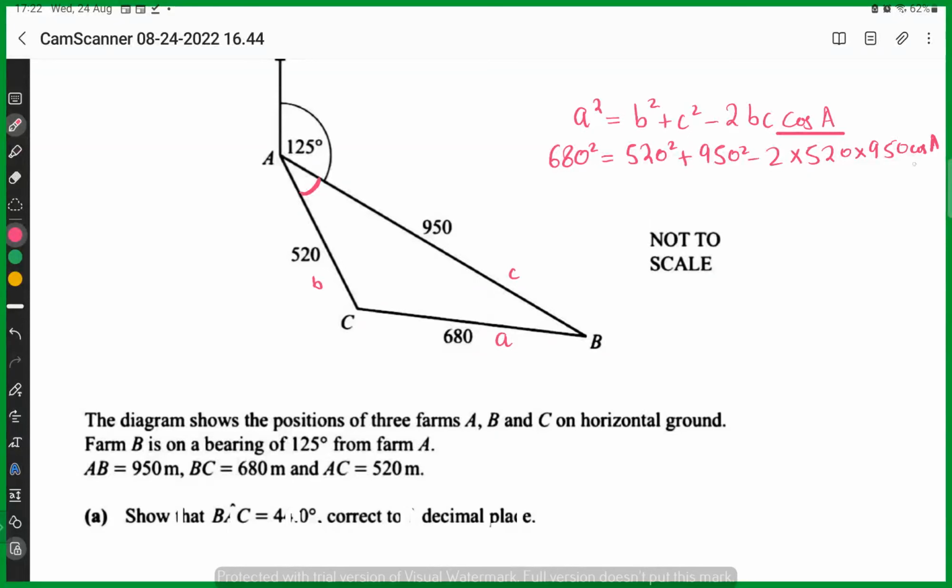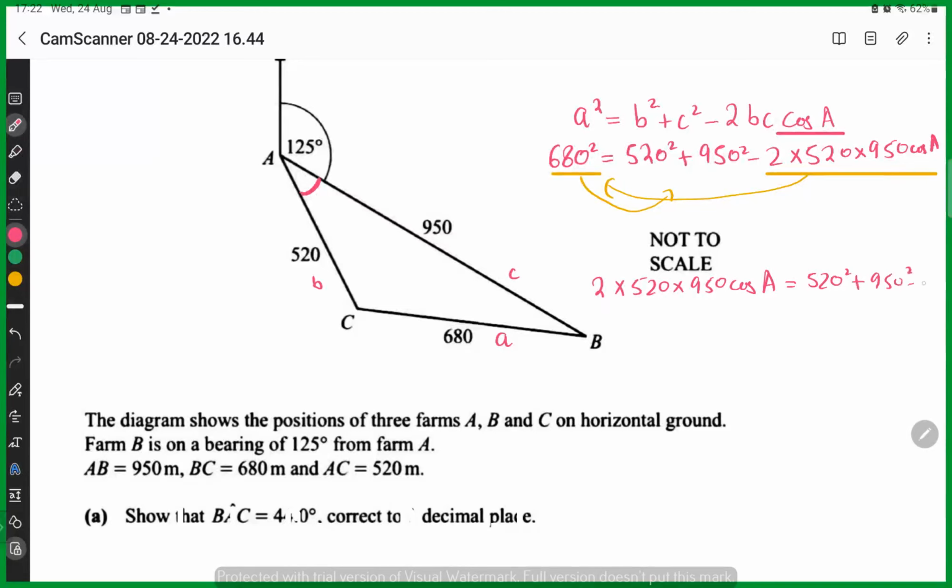What I know is that at the end, I need to find the value of A. So just like we did yesterday, I'll take this entire thing on the other side and I will take this 680 squared on this side. So this was -2 multiplied by everything. When I take it on the other side, it becomes +2 multiplied by 520 multiplied by 950 into cos of A, and that is equal to 520 squared plus 950 squared.